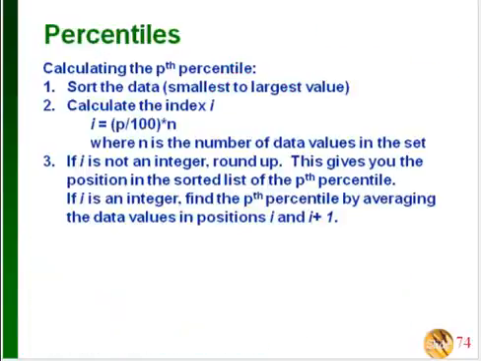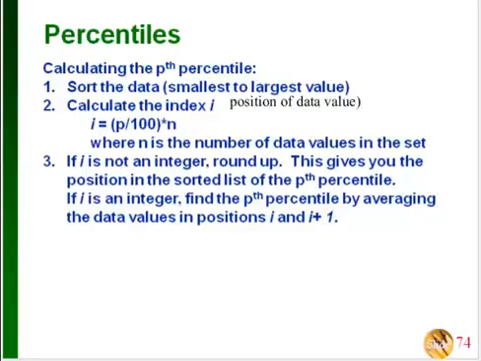Okay, now if we want to calculate what a certain percentile is for a data set, in other words, what's the value for that percentile, then we have to sort the data from smallest to largest, and we have to calculate our index, which really tells us the position of the data value.